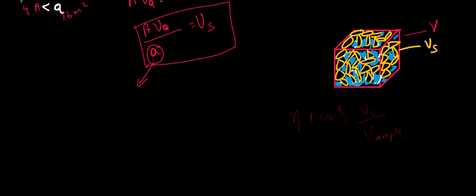The third thing present here is water. Let's say this water is present in voids, so the volume of water here will be equal to the volume of voids, Vv. So this is the main volume bifurcation.